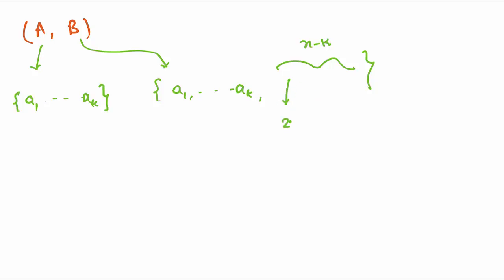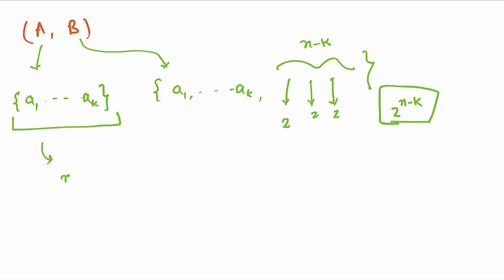So for every element I have two choices. Either I can include it in B or I can exclude it from B, right? So I have 2 power n minus k choices for B if A is having these many elements. And similarly, I have NCk choices for A if A is having k elements. So if cardinality of A is k, then I have NCk choices for A, and for every choice I have 2 power n minus k choices for B, right?